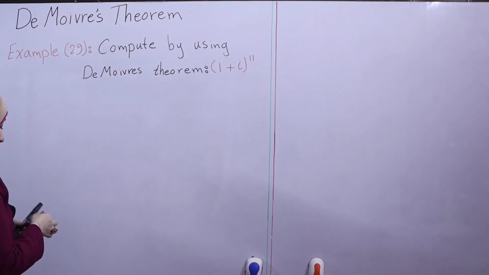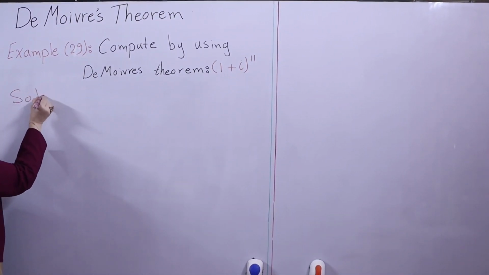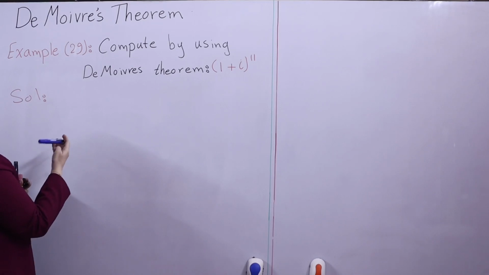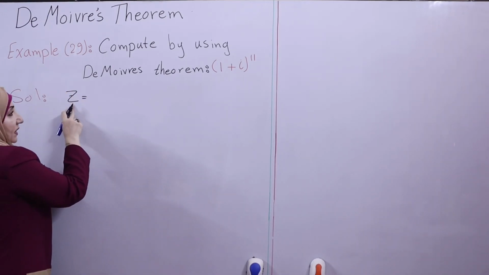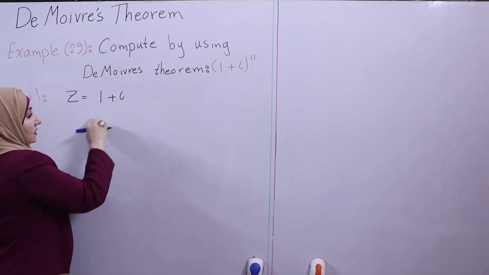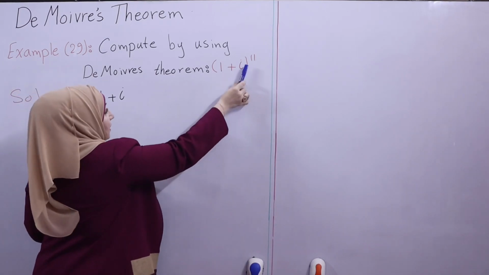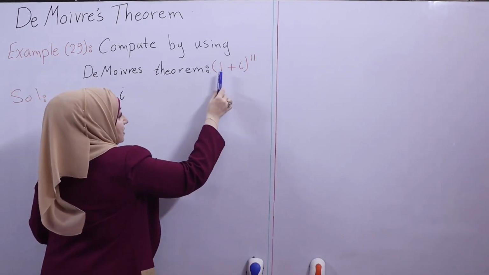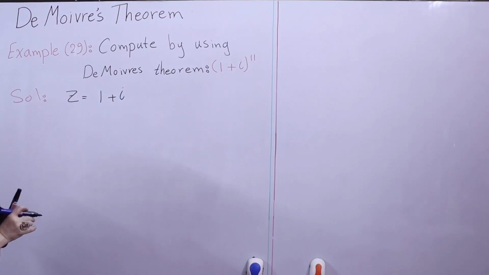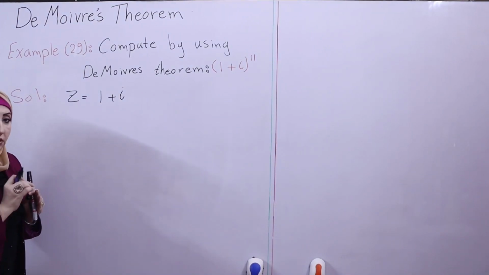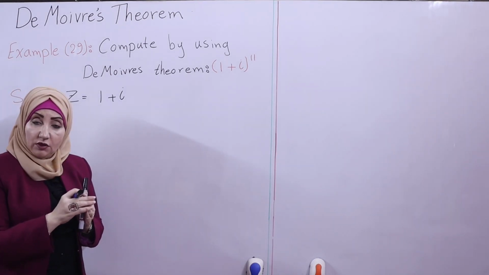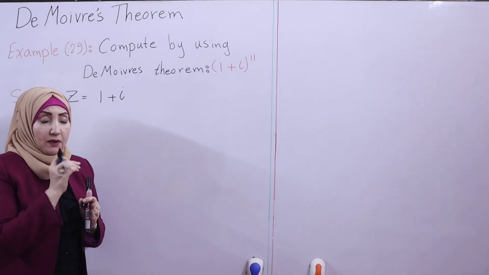We see that we have a complex number which is 1 plus I. So that means z equal the complex number 1 plus I. So we must write it in the polar form to find by DeMoivre's theorem the result of 1 plus I power 11. حتى نطبق مبرهنة ديموفر بشرط أن يكون العدد المركب بالصيغة القطبية.